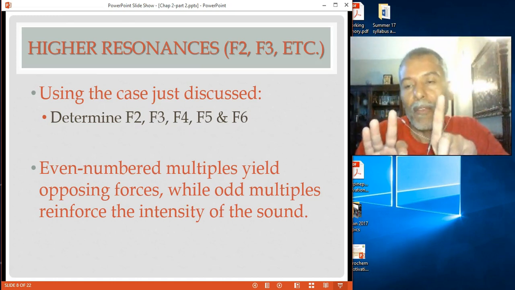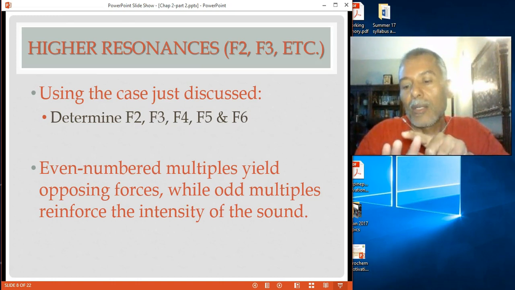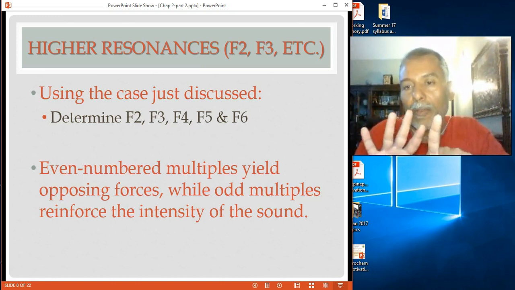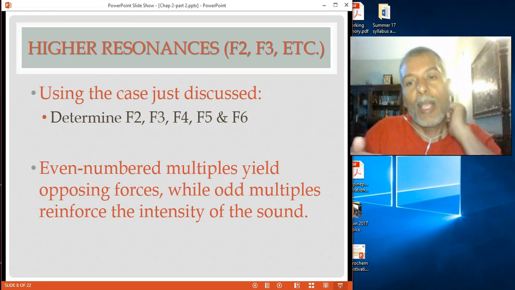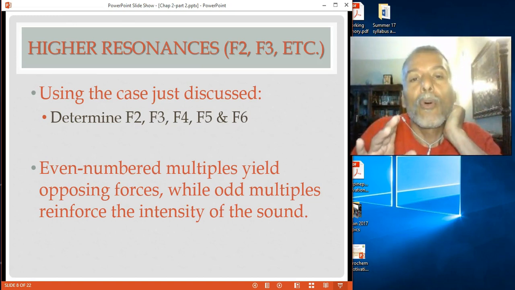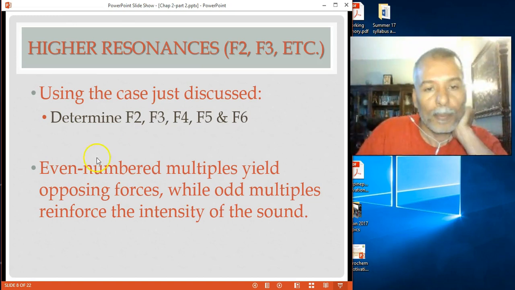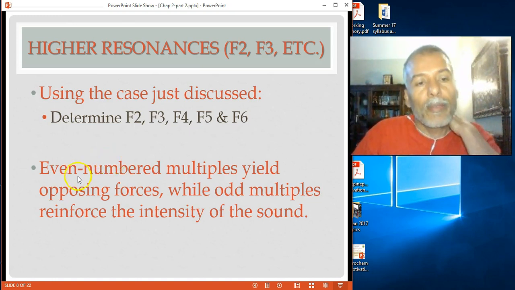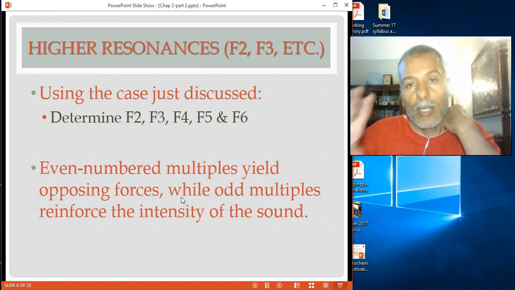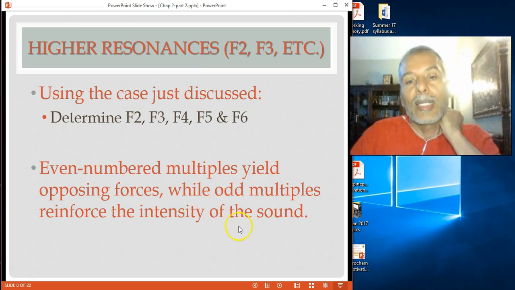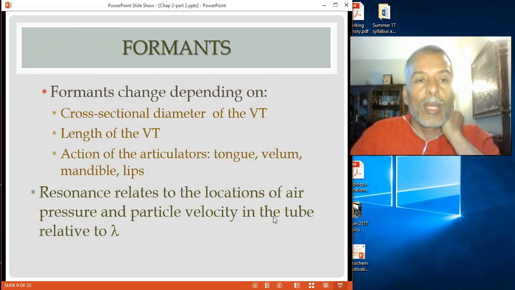And then F3 is what would have been the fifth vibration, number 5. Because we have eliminated the evens, the odds that remain, we call them formants. So even numbered multiples yield opposing forces in these standing waves, while odd multiples reinforce the intensity of the sound.